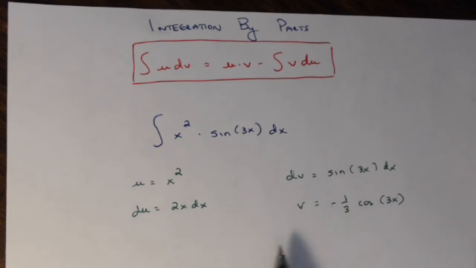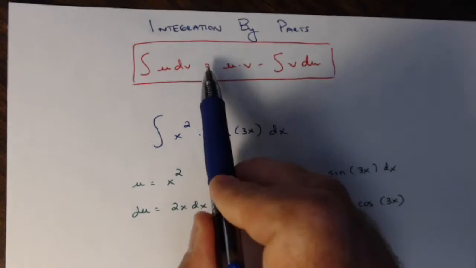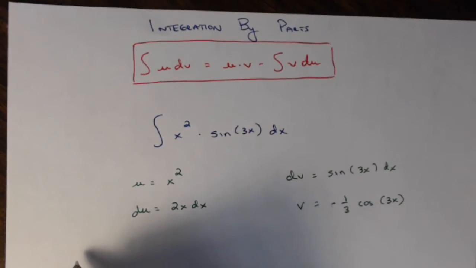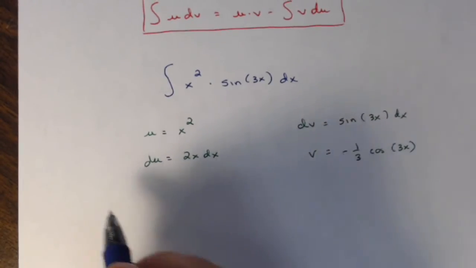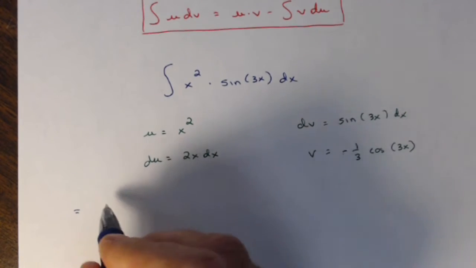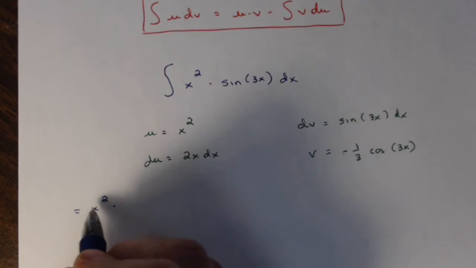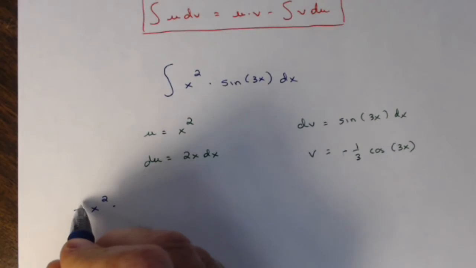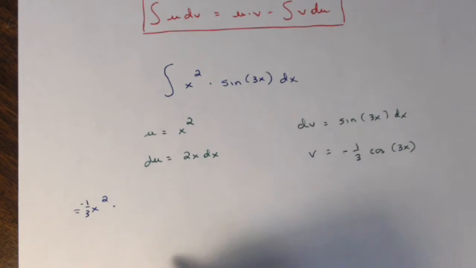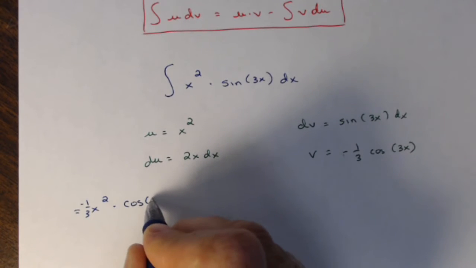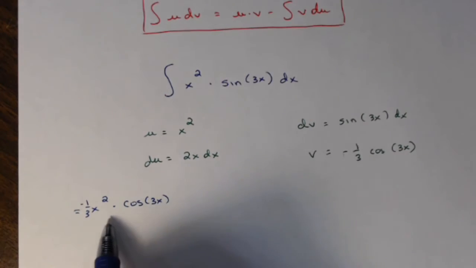So that's good. Okay, so here's the way we're going to make our substitutions, and so now let's write down the result. The result is u times v. Let me put that negative 1/3 out front here, just to clean it up again a little bit.